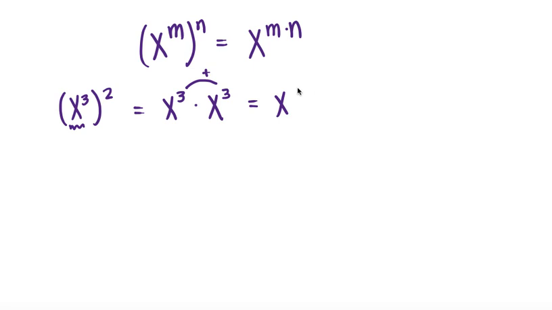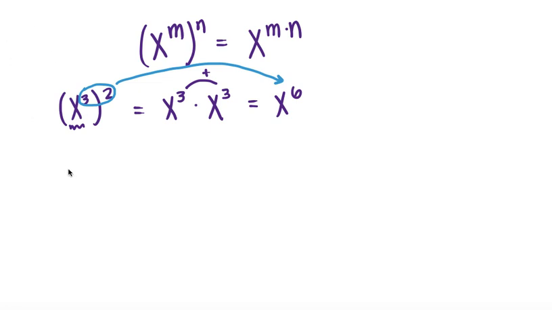So 3 plus 3, I get 6. But this power raised to the power property tells us that instead of going through those steps, I can automatically just skip to 3 times 2 to get me 6.